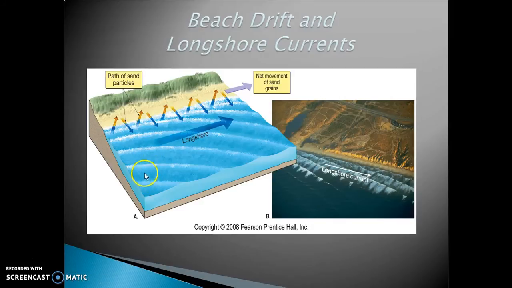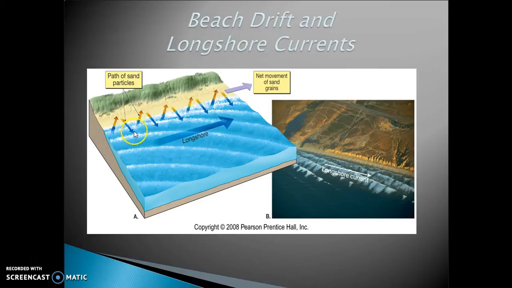One is waves washing on the beach. Waves usually come in at an angle. But when they flush out, they do that at a 90-degree angle, perpendicular to the beach. So what happens over time is that sediment, again in the form of sand, gets pushed in when the waves come in, and then it gets pulled back in a different direction when the wave goes out.